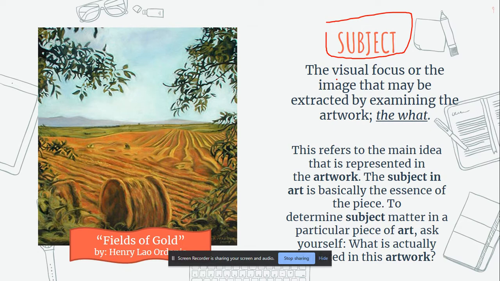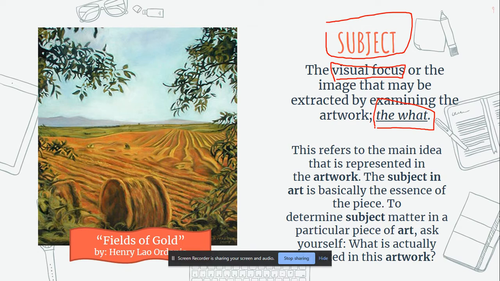Just remember, a subject is only a visual focus on what you see on the artwork itself, because it only talks about visual focus, and it could be answered by asking what's there, what's in there, or you could examine an artwork based on the what. This refers to the main idea that is represented in the artwork.